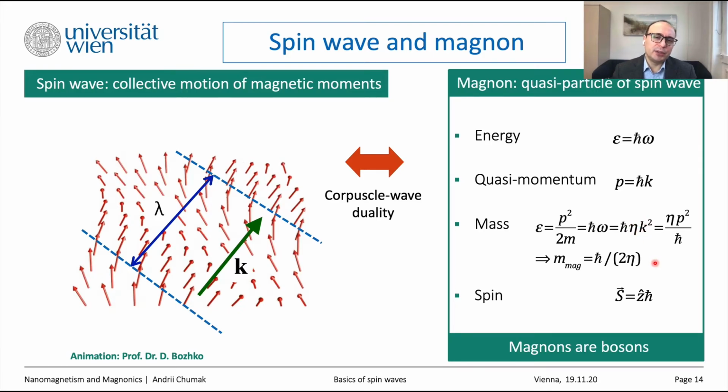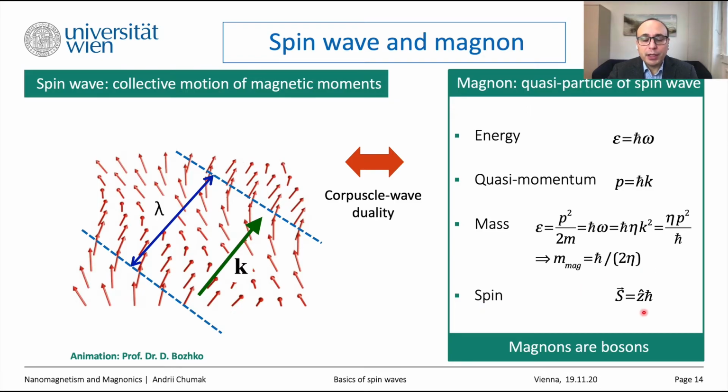So this is for the case of pure exchange waves. The dispersion of a spin wave is simply a parabola. And then you can easily show that mass can be found in such a form where eta is the exchange constant of your magnetic material. And in the case of yttrium iron garnet, for example, a material very often used in the field of spin waves, the mass of a magnon is, I think, 5 times larger than the mass of an electron. So it's a rather light quasi-particle.